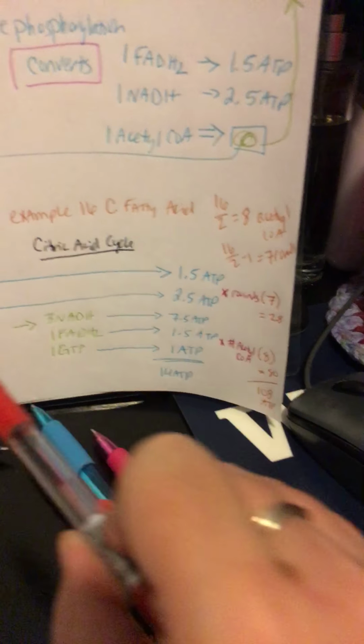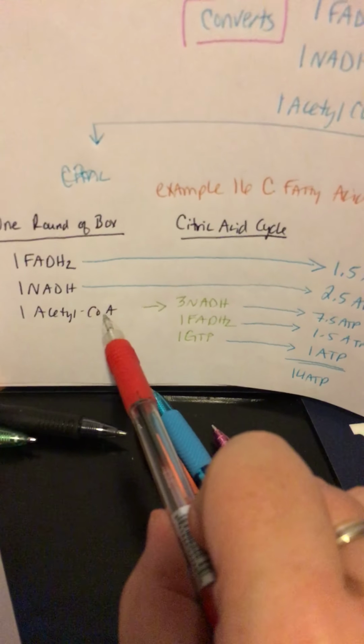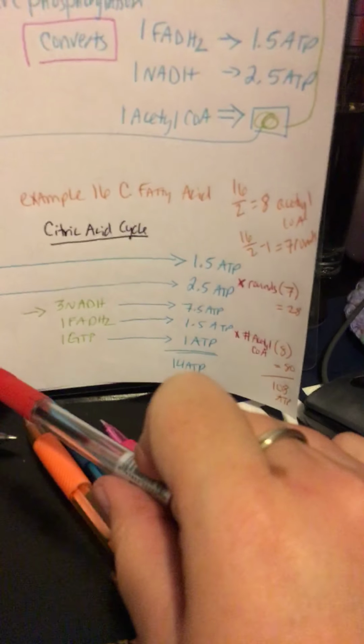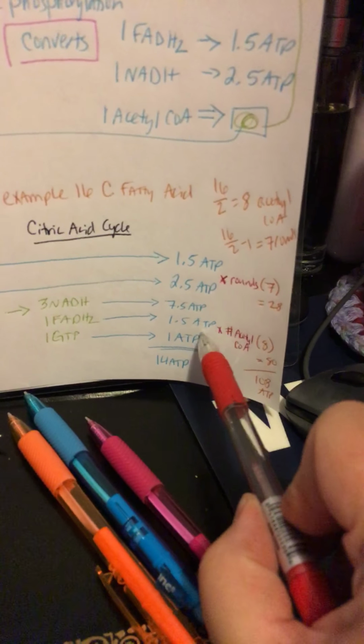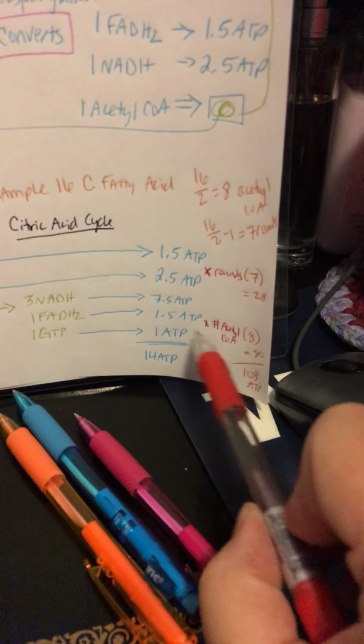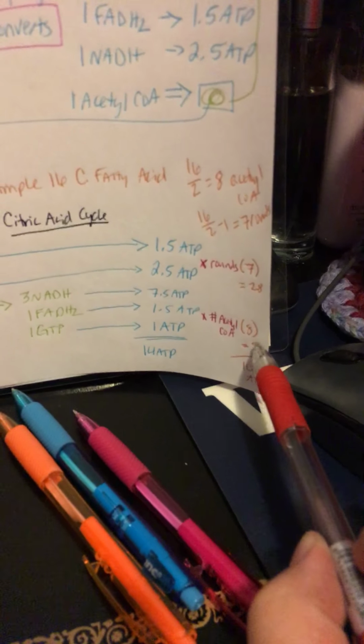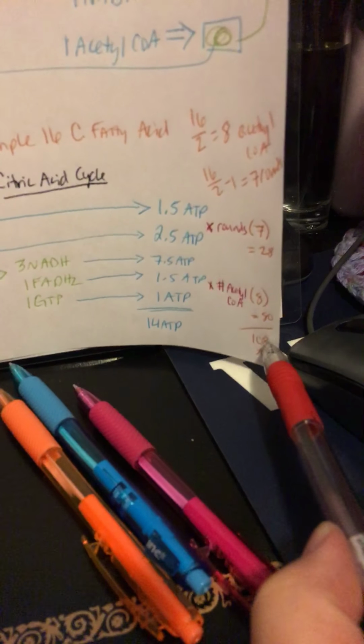But then, remember we had just our straight up acetyl-CoA that was produced, and so that's the 8 acetyl-CoA, and so that's where you'd take this 8, because the acetyl-CoA breaks down into this many ATP produced. And so then that number is times by that, and that's what gives you the 80. So then 80 plus 28 is going to be the 108.